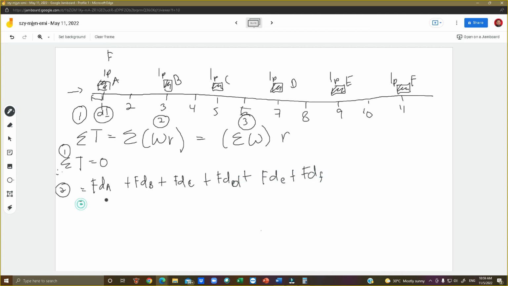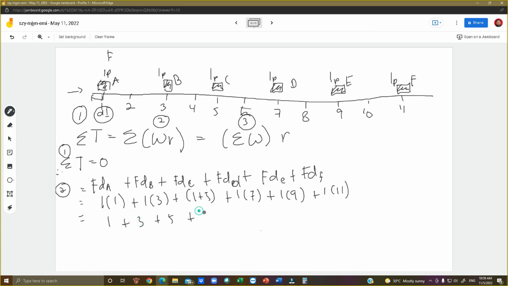So we have here 1 times 1 plus 1 times 3 plus 1 times 5 plus 1 times 7 plus 1 times 9 and finally 1 times 11. So kita ada 1, 3, 5, 7, 9 and finally 11.